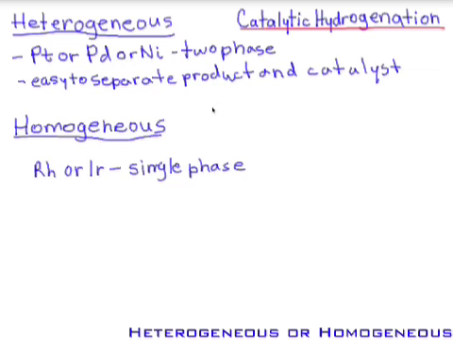Now, hydrogenation can work with homogeneous catalysts, but there usually is a problem in separating the catalyst from the product. Problem, and I'm going to just put an arrow and I'm going to say separation. It can be difficult to separate your catalyst from your final product.